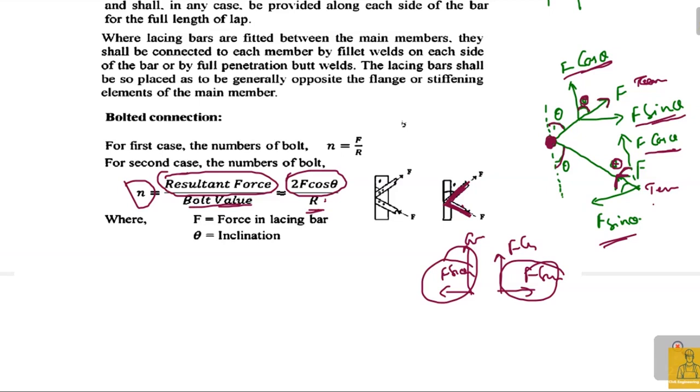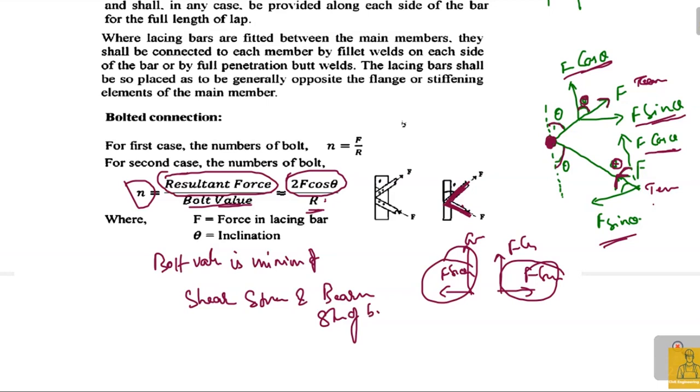Bolt value is nothing but, let me write it down here for you, the minimum of shear strength and bearing strength of the bolt. We are going to calculate all this in our numerical problem, don't worry about that. So the minimum of these two values is taken as the bolt value.